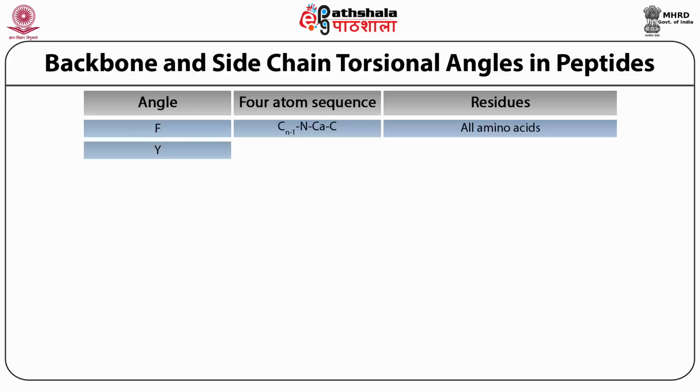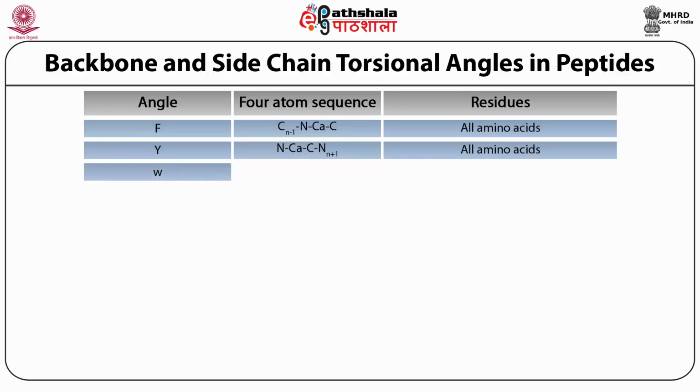Angle psi for the backbone is defined as N, C alpha, C and N of the next residue. Angle omega is defined as C alpha of the previous residue N-1, C, N, C alpha.